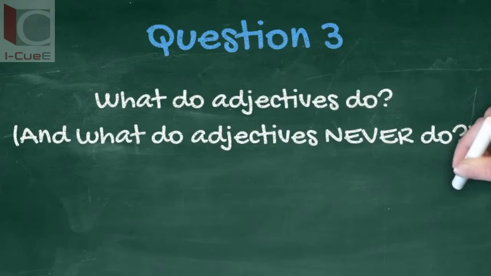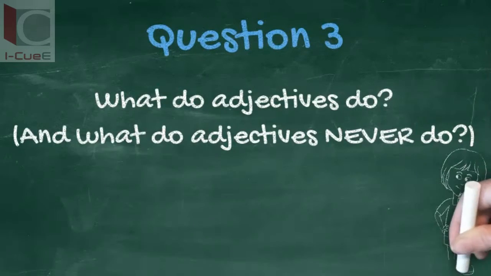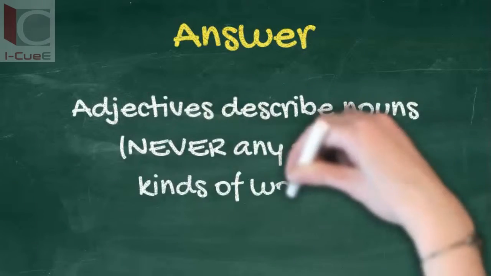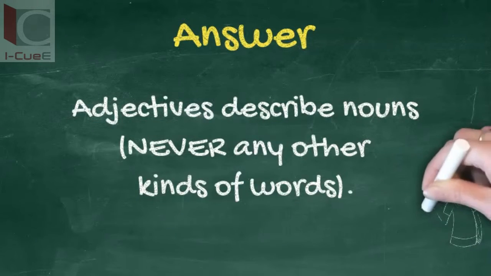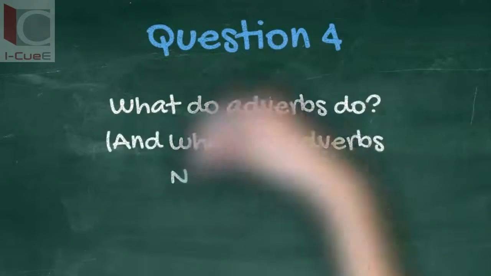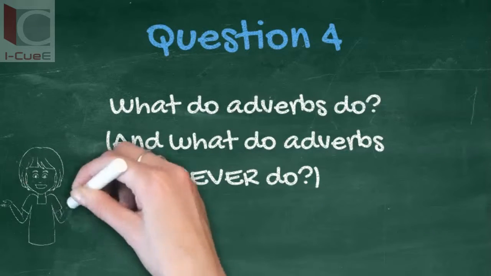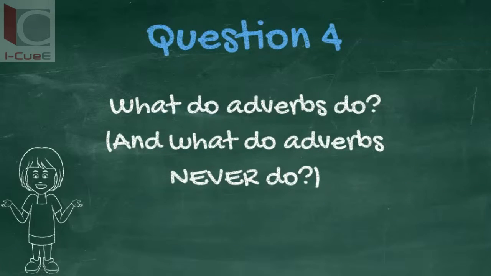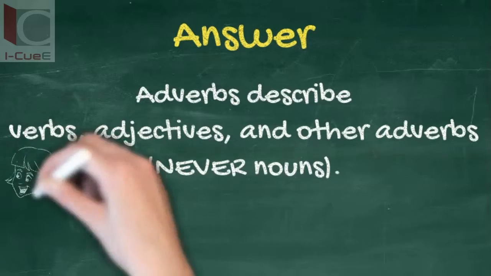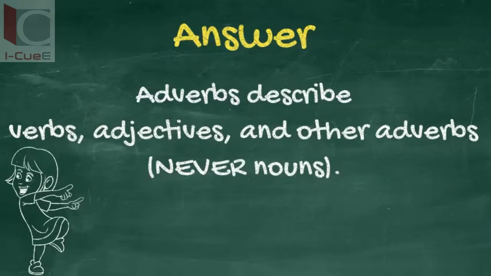What do adjectives do? And what do adjectives never do? Adjectives describe nouns, never any other kinds of words. What do adverbs do? And what do adverbs never do? Adverbs describe verbs, adjectives, and other adverbs, never nouns.